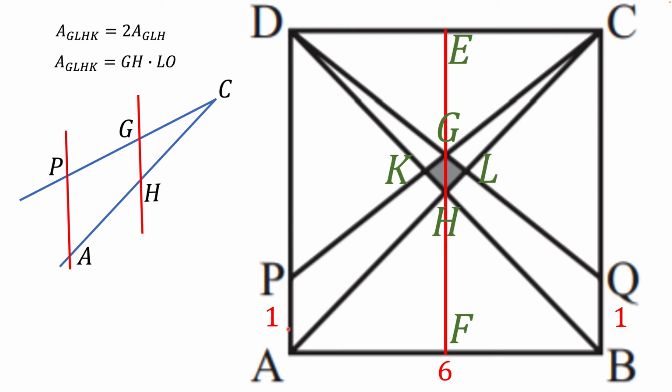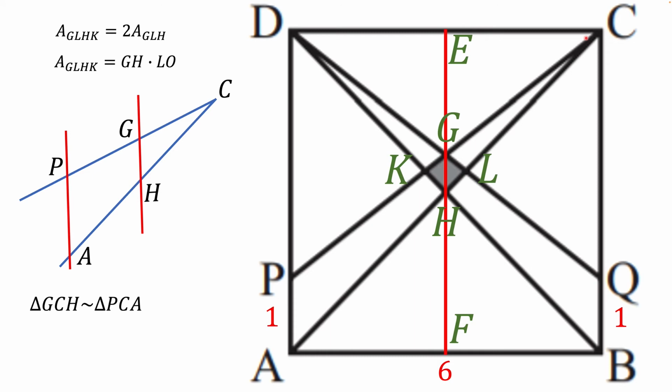In this case, this small triangle GCH and the big triangle PCA are similar by two angles. And what does it mean? It means that the sides are proportional, and the altitudes are proportional. So what we need is the ratio of the sides, PA and GH, and the ratio of the altitudes, which are EC and DC, okay?